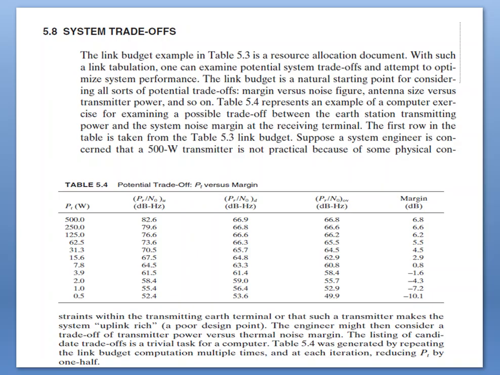Here in the table we can recognize the uplink limited and downlink limited regions. In the first few rows the uplink SNR is high. A 3 dB degradation in the uplink SNR results in only a few tenths of a decibel degradation to the overall SNR.